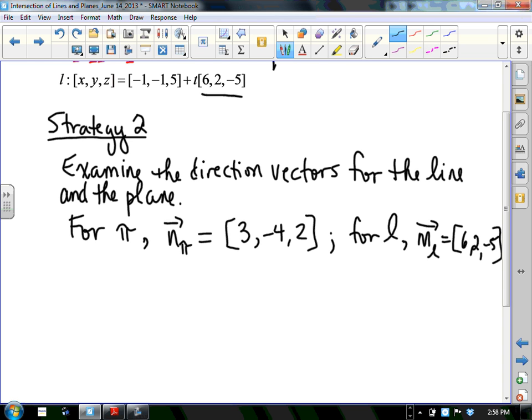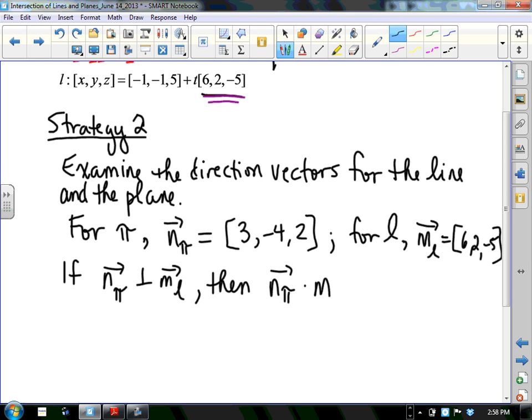And you can see that here as the direction vector for the line. So it follows that if the direction vectors happen to be perpendicular, then we know that the dot product of these vectors is going to be equal to 0.